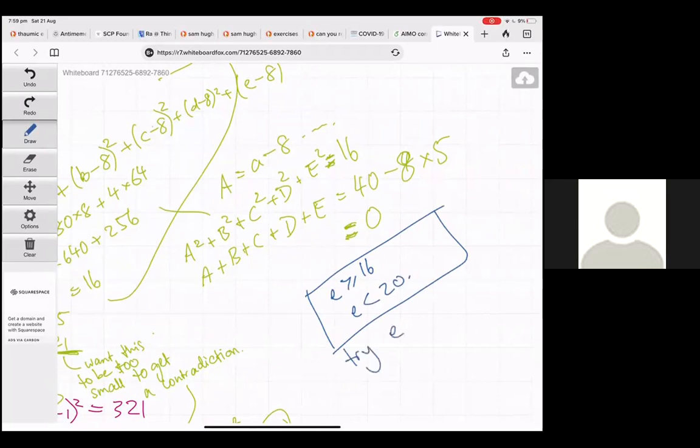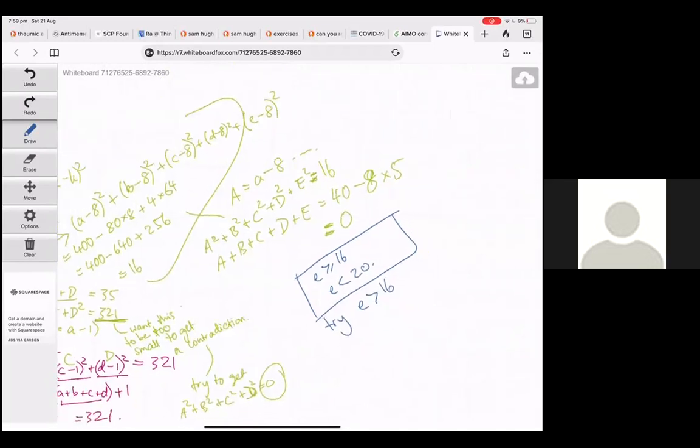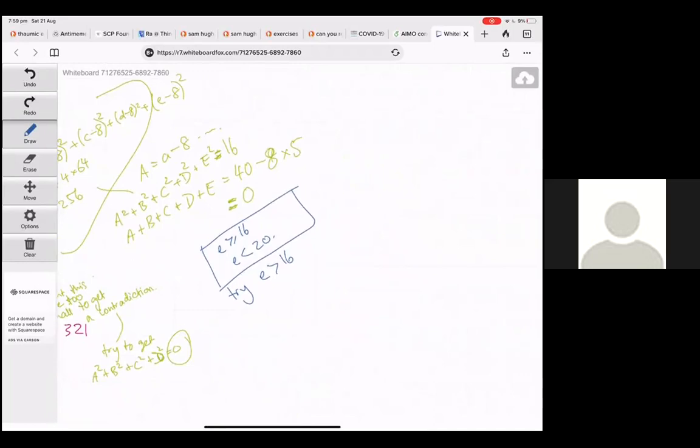So how about we try values of E bigger than 16? So suppose that E is bigger than 16. Then big E, which is little e minus 8, is bigger than 8 because E is bigger than 16.